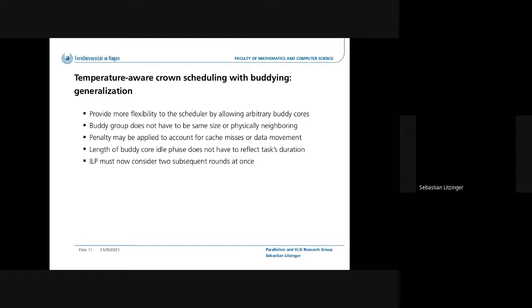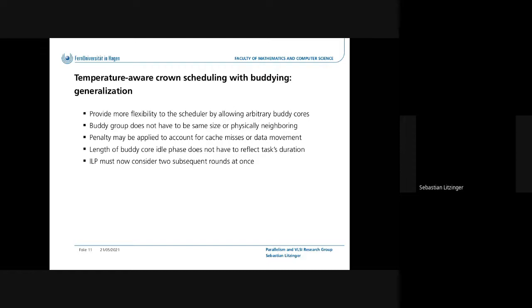So there are more or fewer cores in that group, or they may be in distinct areas on the chip. And of course, then we may have to factor in some penalty, which represents things like cache misses or data movement. But it still may be the case that you find a feasible solution that way, or maybe even an overall better solution.